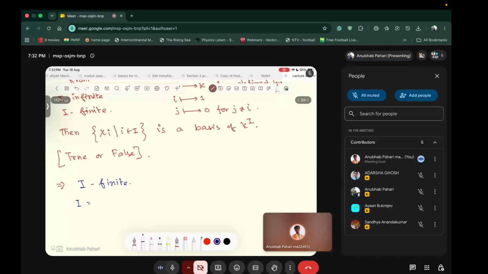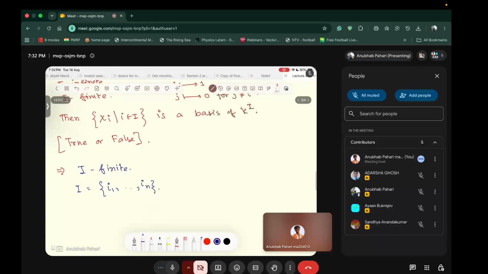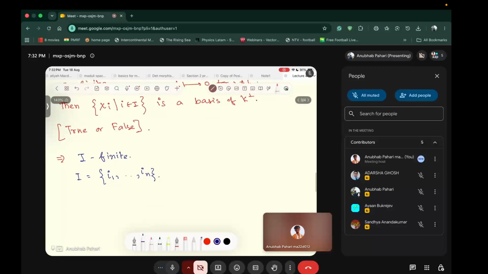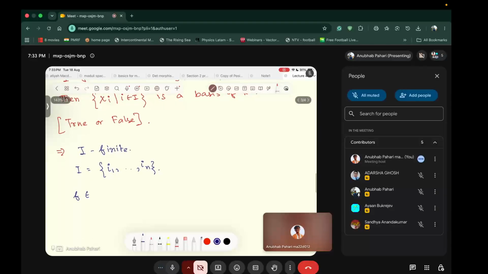Then say you can write I as {i_1, ..., i_n}. Then what happens? Suppose f is your function from k to the power I, that is, f belongs to maps from I to k.